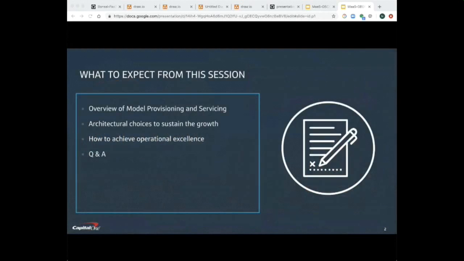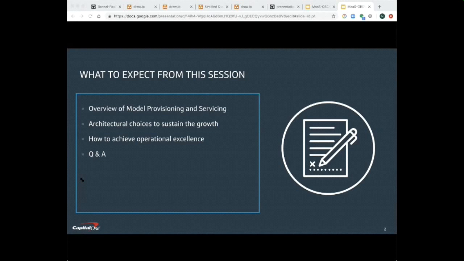So what are we going to expect from this session? Basically an overview of model provisioning and serving. And as I mentioned, in this talk we will focus not on training aspects or retraining and refit aspects. We can certainly cover that in the Q&A after the session, but primarily we are focusing on how you do this provisioning and serving of models at scale, with all the software engineering and DevOps best practices that you have evolved over the years in your enterprise.